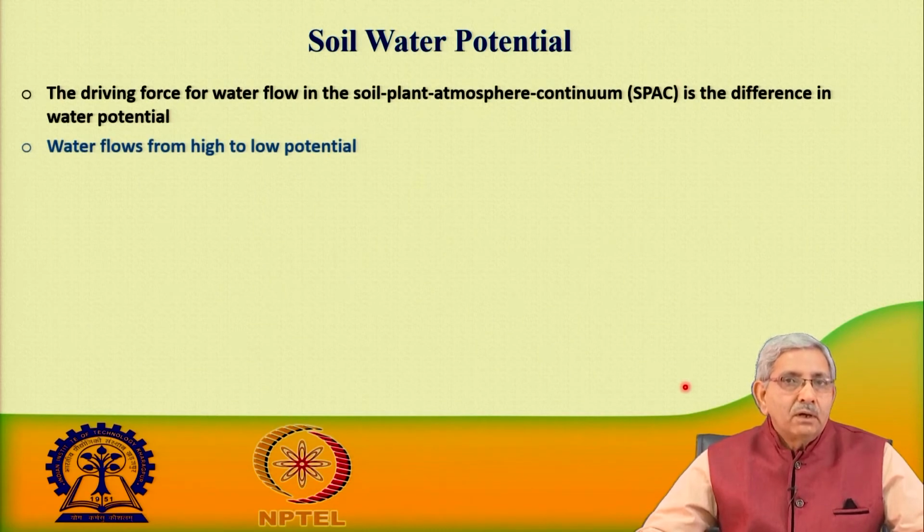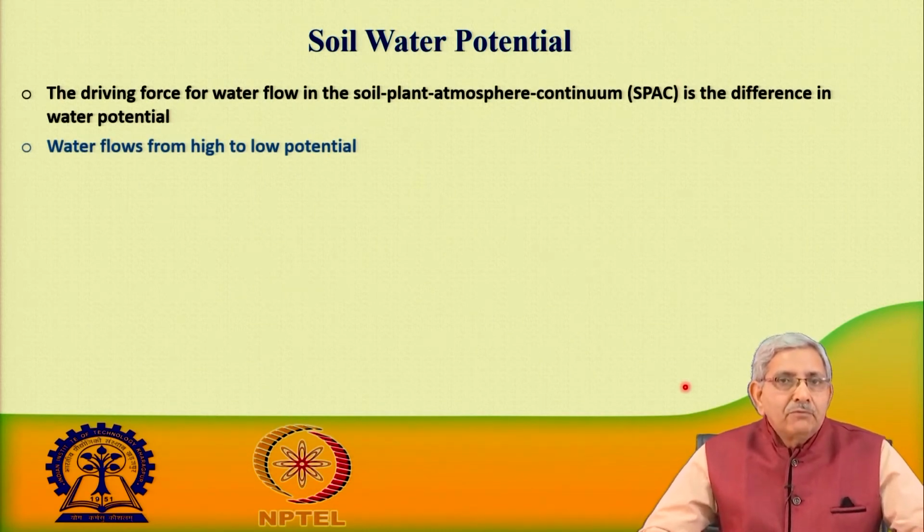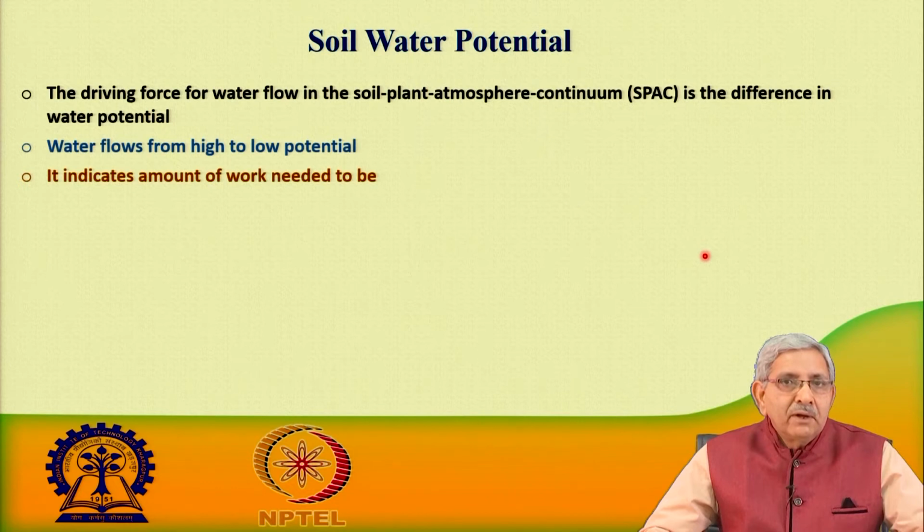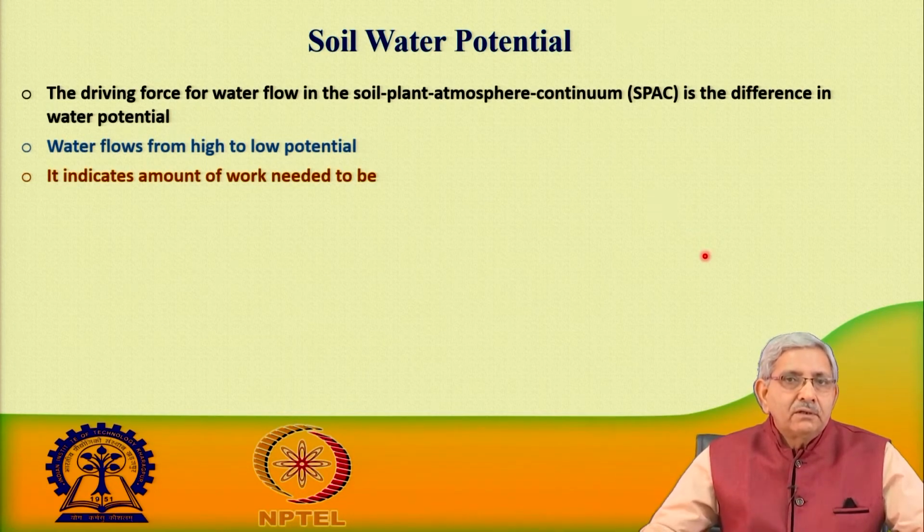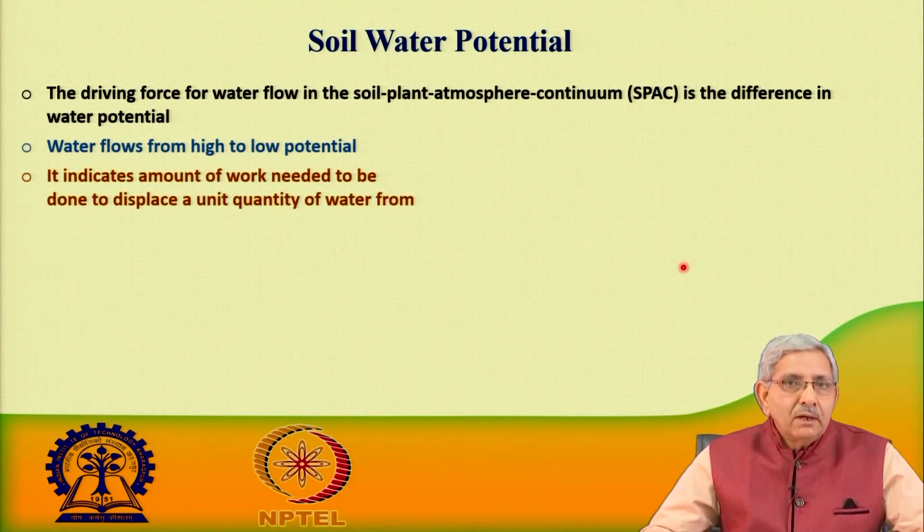Now, soil water potential is the driving force for water to flow in the soil, plant, atmosphere system. Water flows from higher potential to lower potential, means higher moisture content to lower moisture content, and it indicates the amount of work needed to be done to displace a unit quantity of water from a given reference point.